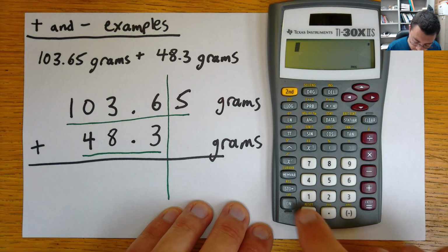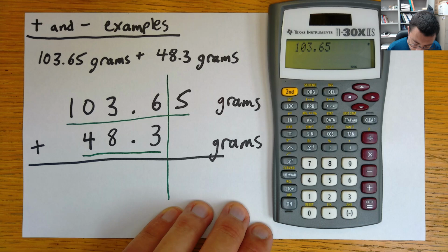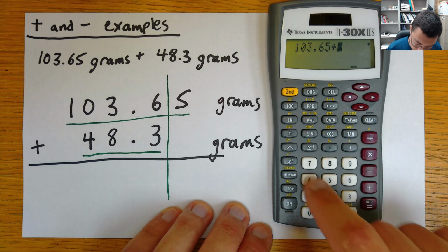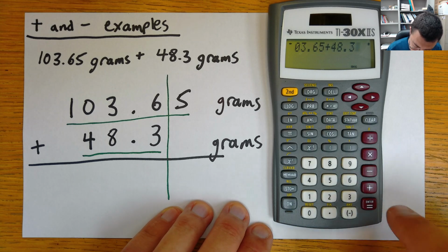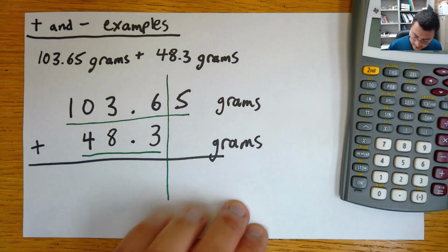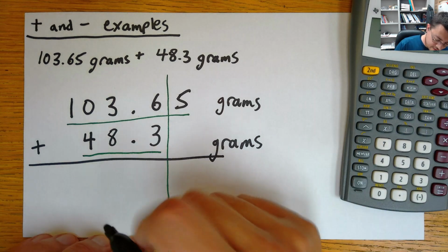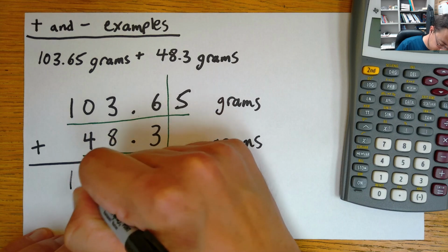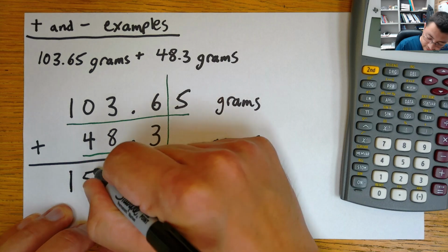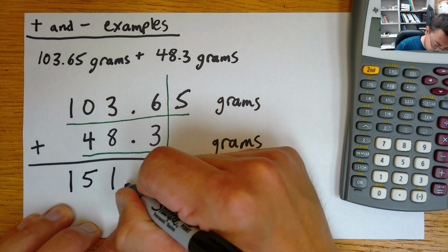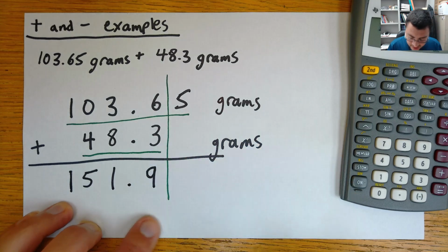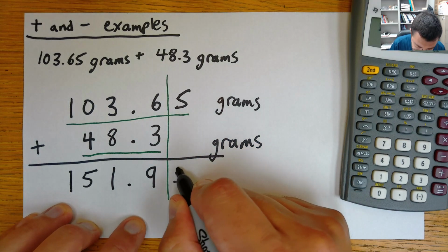So 103.65 plus 48.3 equals, and we get 151.95. I might have to get a new marker. 151.9, and then I'll put the 5 here.